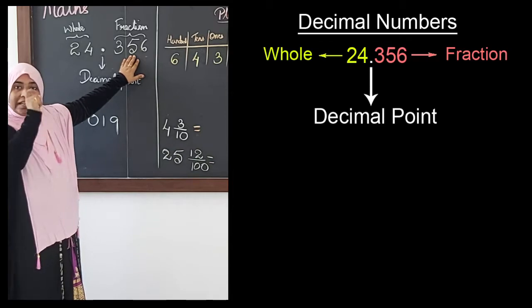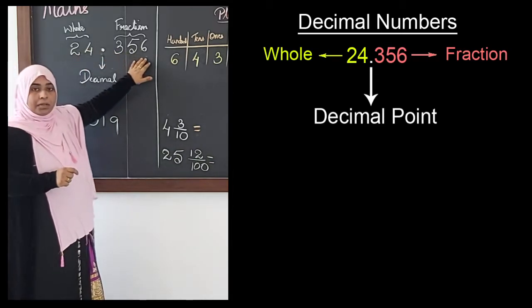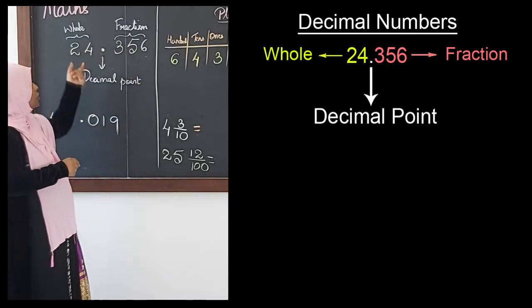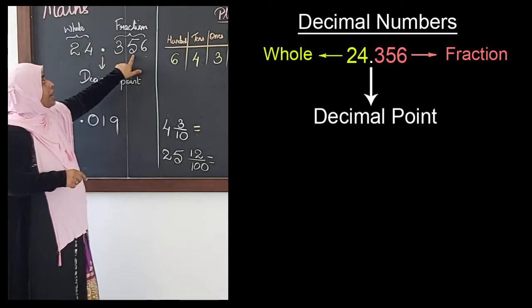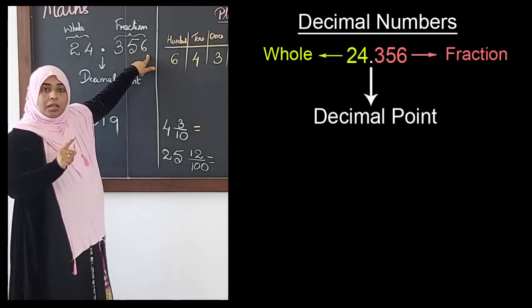We have to read each digit separately. So when reading a decimal number, we read the whole number as usual, so it is 24.356.